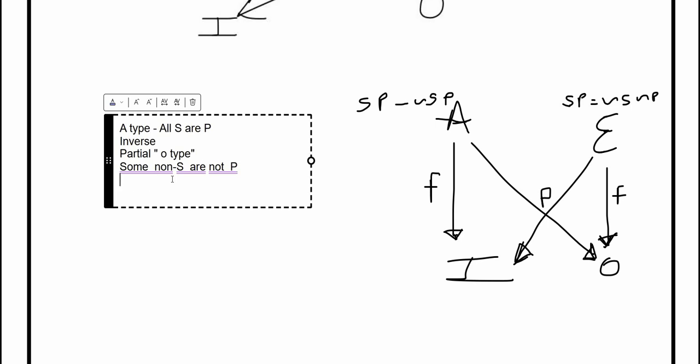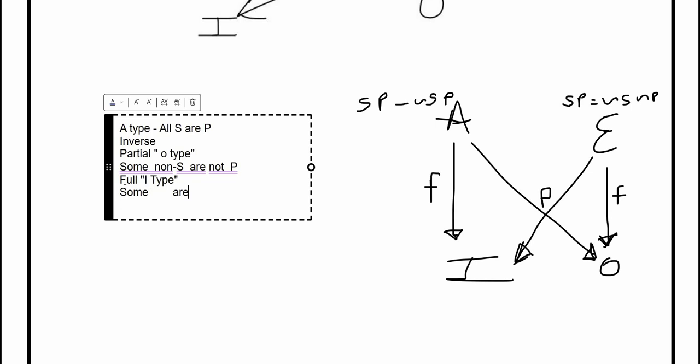Okay, now we'll do full. For doing full of A type, we have to go to I type proposition. So full will go into I type proposition. What is the standard logical form of I type? It says some are.